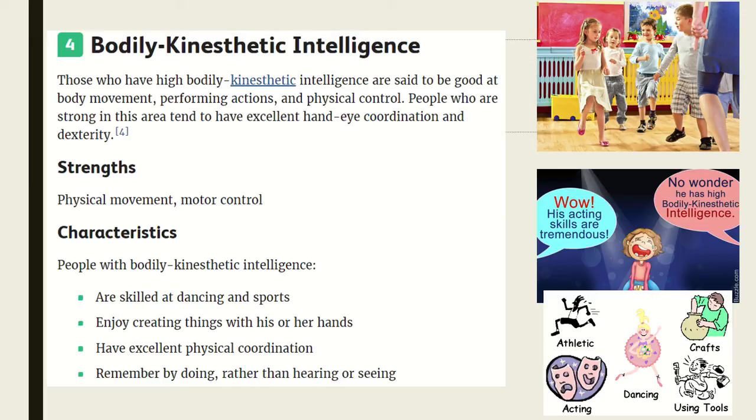So this is for people who are good at dancing and sports, enjoy creating things with their hands, have excellent physical coordination, and remember by doing rather than hearing or seeing. And I think that anytime you can make a lesson where students are able to take the material and actually do something with it kinesthetically, that's where memorization typically is higher.